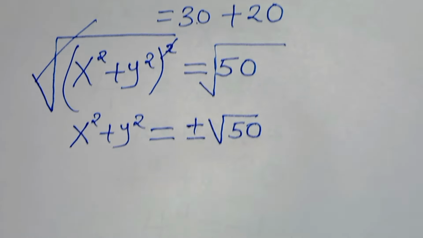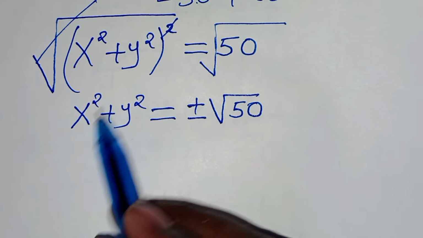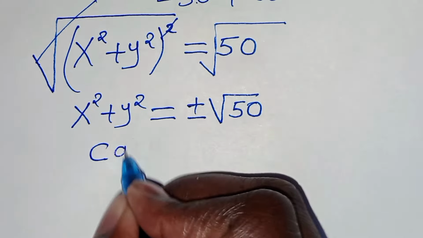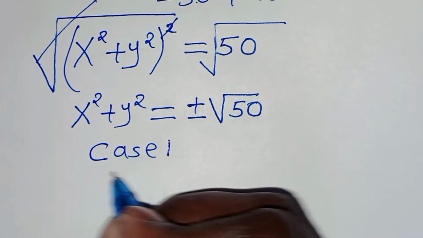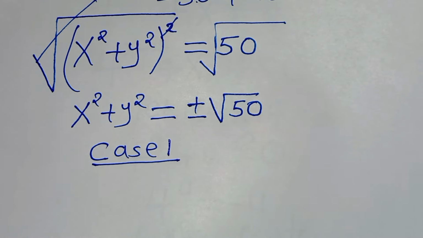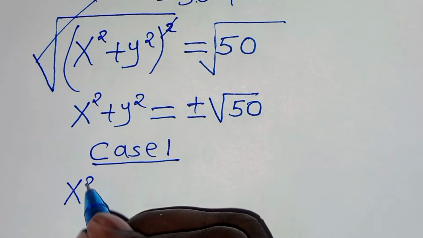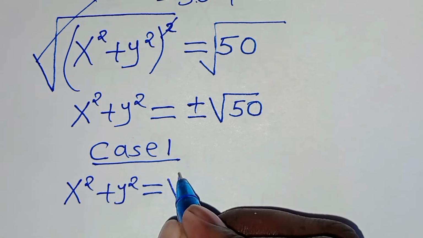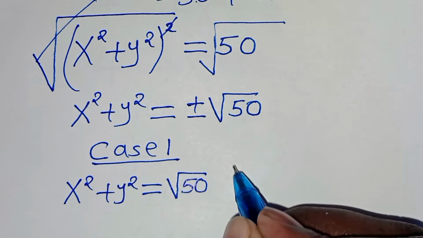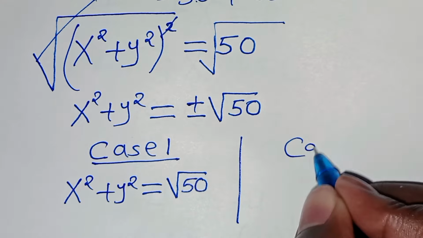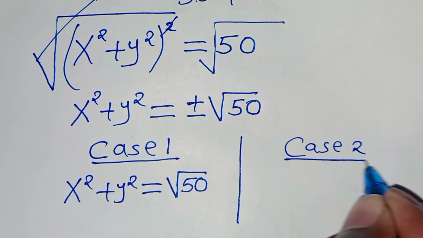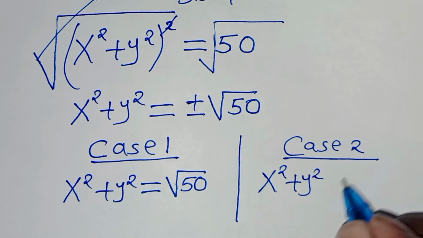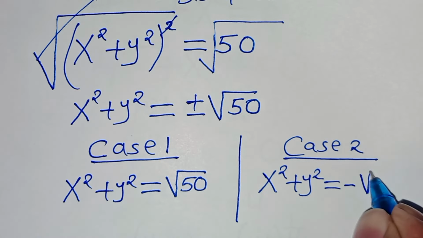So this implies that from here, we have two values of x² + y², which we can express in two cases. Case 1, we have x² + y² equal to positive square root of 50. And case 2, we have x² + y² equal to negative square root of 50.